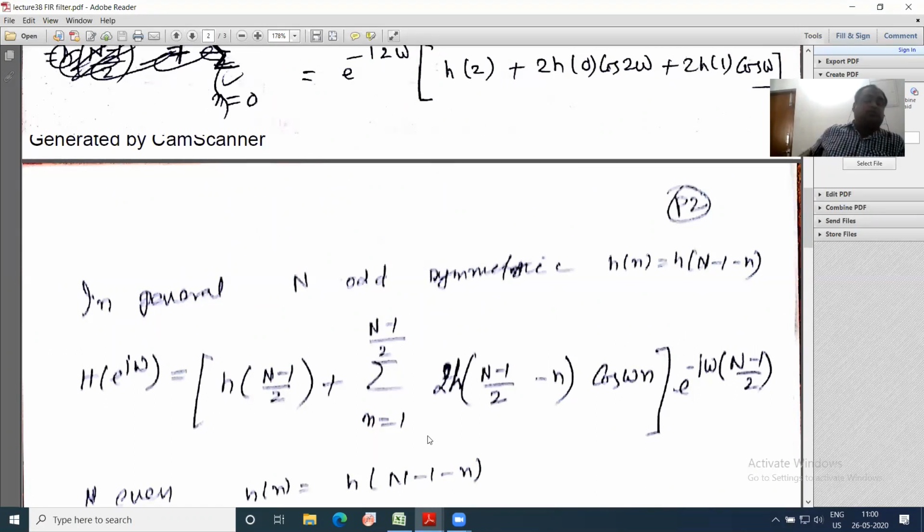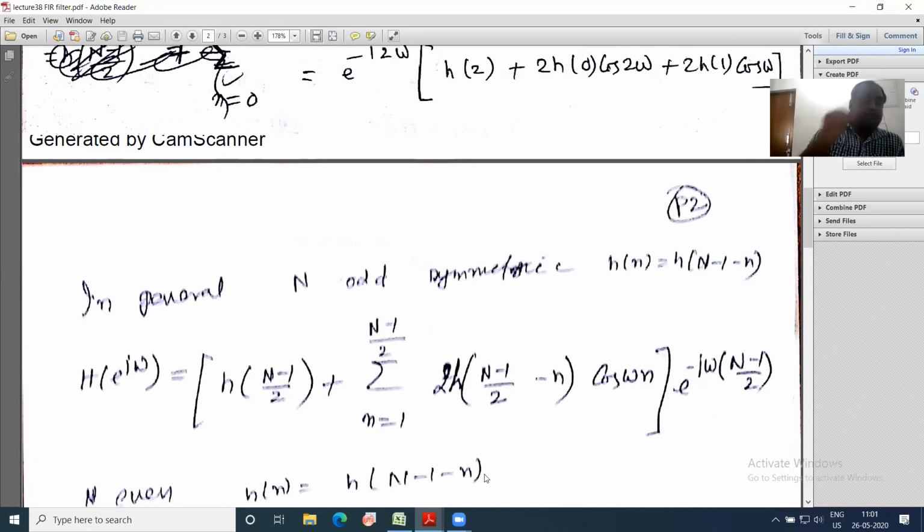So what will n minus 1 by 2 be? What is n minus 1 by 2? 2. So this term will be n equal to 1 to n minus 1 by 2, 2h of n minus 1 by 2 minus n sin omega n, and e power j pi by 2 minus omega n minus 1 by 2.